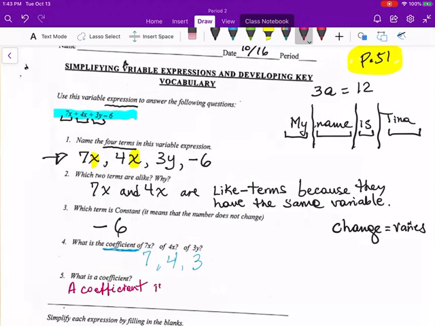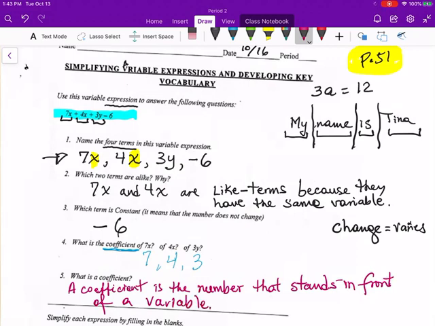So a coefficient is the number that stands in front of a variable. That means that number multiplies whatever the variable is. So make sure you understand, if you have, let's say, 2x, okay?